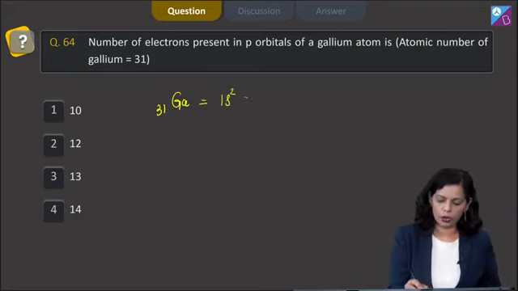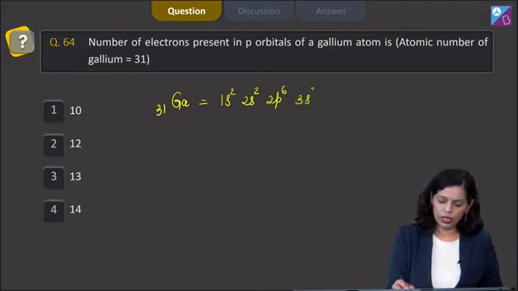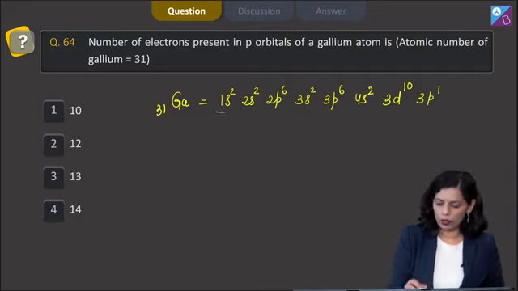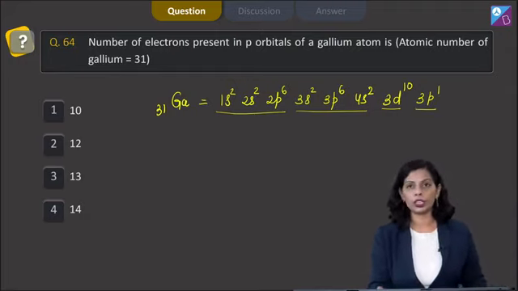For the same, I need to write down the electronic configuration: 1s2, 2s2, 2p6, 3s2, 3p6, 4s2, 3d10 and 4p1. So if you sum up this, 10 plus 10, 20, 30, 31. Done? Correct. Electronic configuration is mentioned.